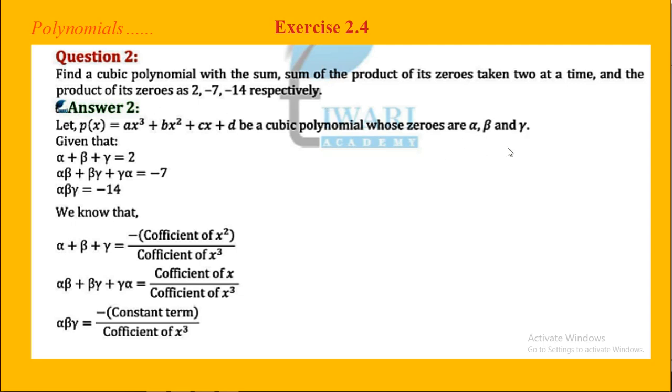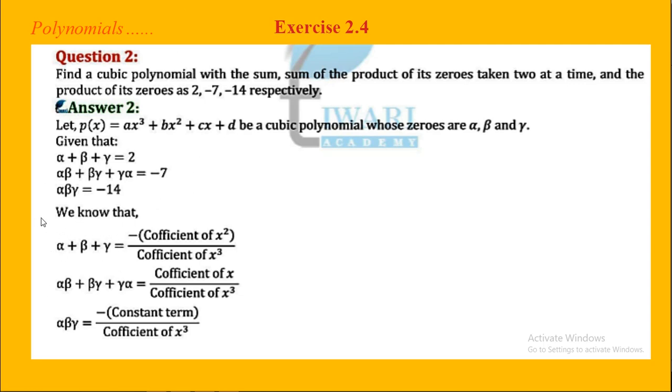From the question we have the sum of the zeros, alpha + beta + gamma = 2, and the sum of the product of its zeros, alpha beta + beta gamma + gamma alpha = -7, and the product of the zeros, alpha beta gamma = -14.